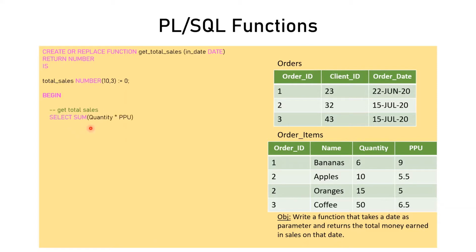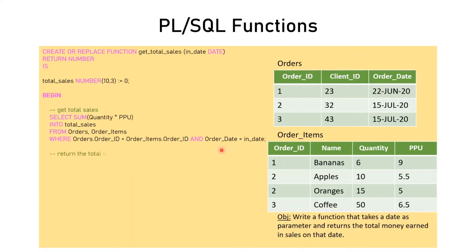So we write select sum(quantity times price per unit) from our orders, item table, and we store that value into our total sales variable. Take a look at the condition that we have used. We have specified that the order ID column has to be the same for both the tables, and the order date has to be the same as the date that has been mentioned in our function parameter.